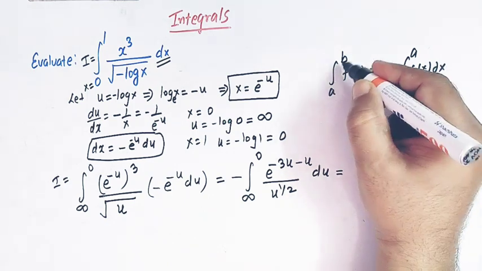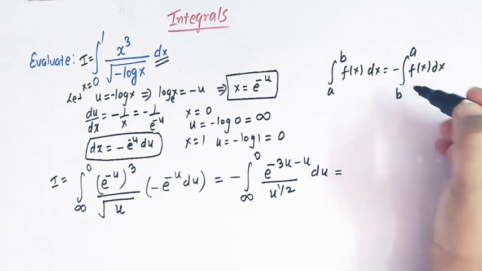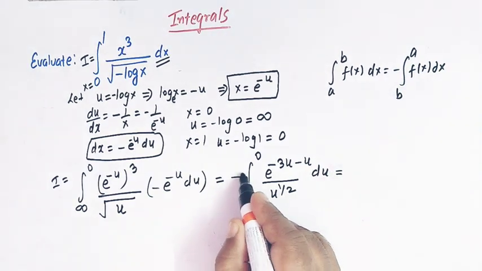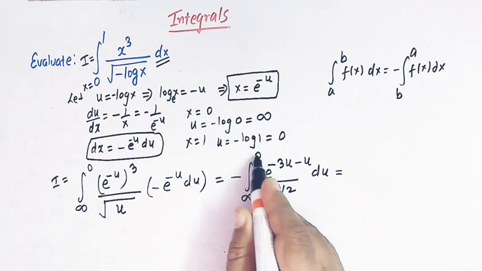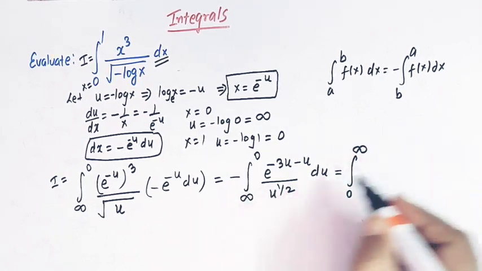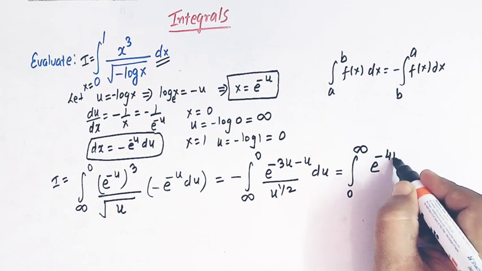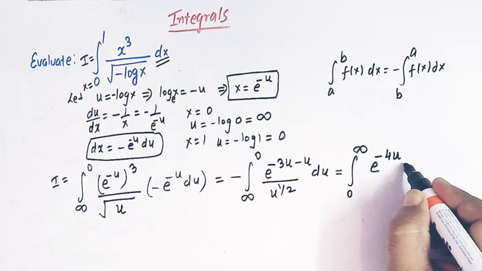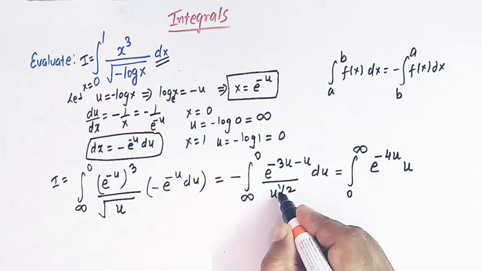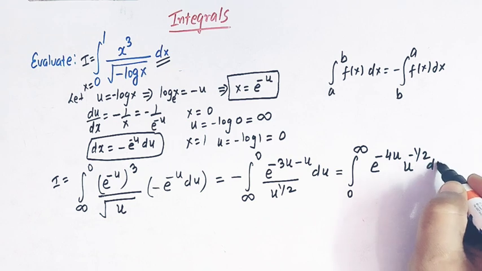So when we interchange the limits, we put a negative sign in front of the integral, and here we can neutralize this negative sign by interchanging the limits. So we have 0 to infinity, and here we have e raised to minus 4u, and we can take this u raised to half to the numerator, so this is u raised to minus half.